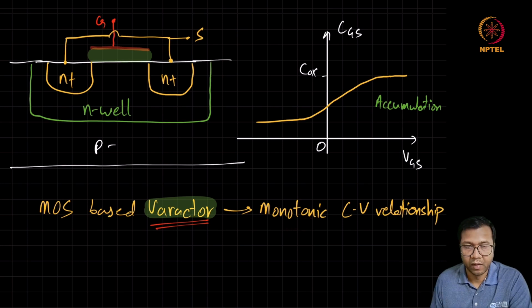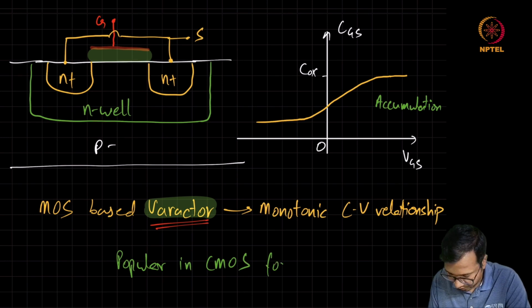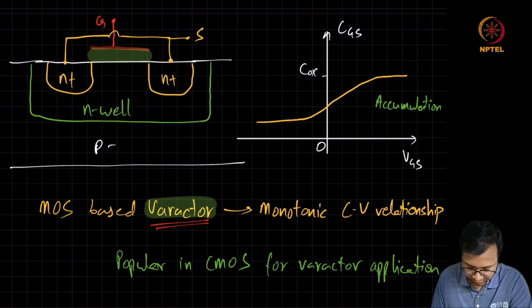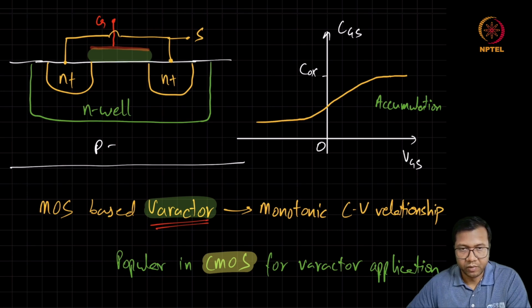So these kinds of MOS-based varactors are really popular in CMOS process. Varactor application. So we are also going to use these kinds of varactors for the VCO design.